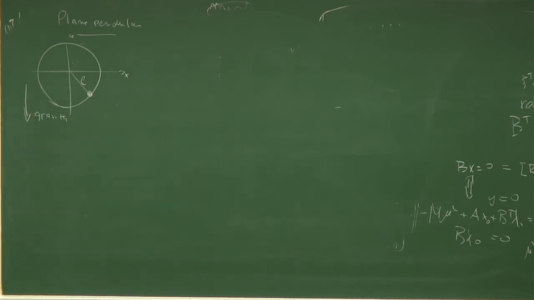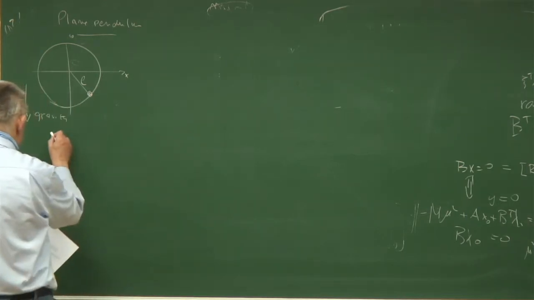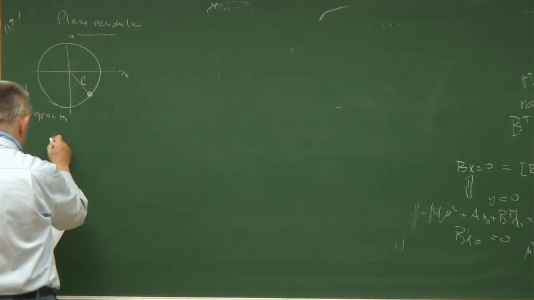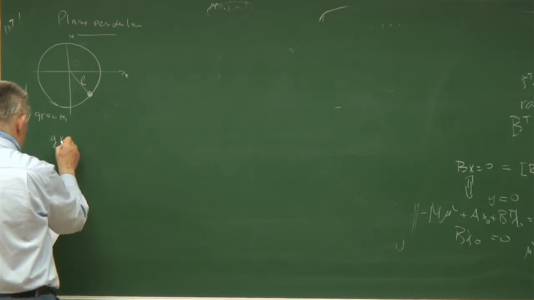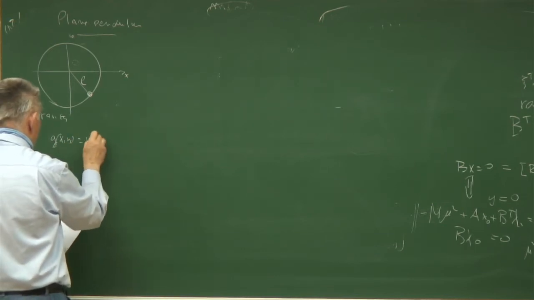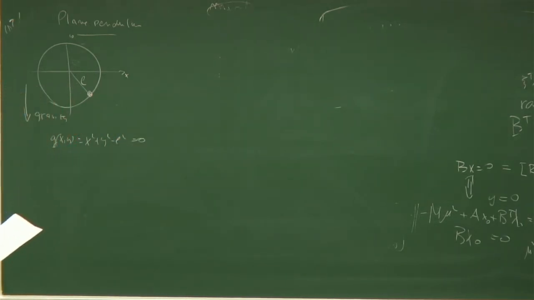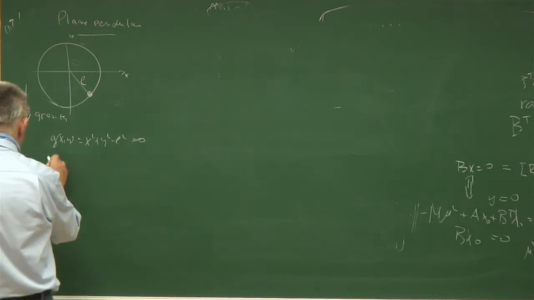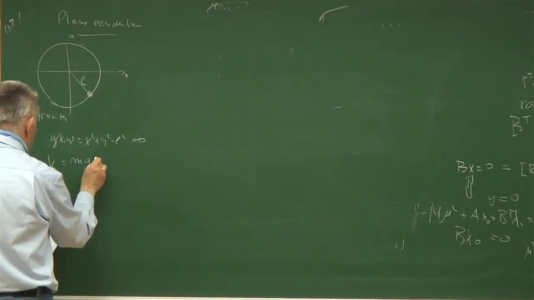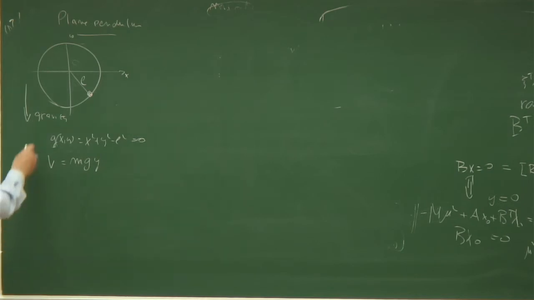Now we forget everything we did already and start our formalism. So what do we have? We have the Lagrangian, and the constraint is this. Potential energy, so that's no problem. That's the input.